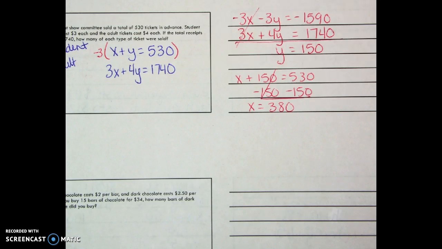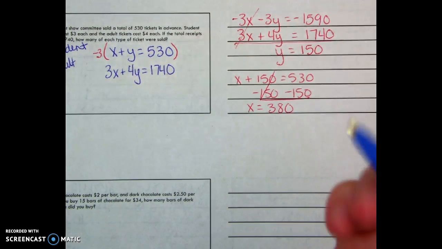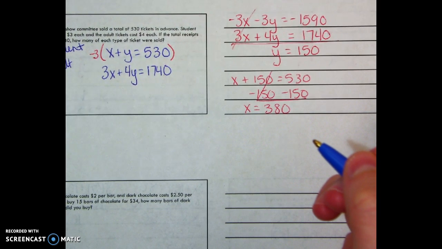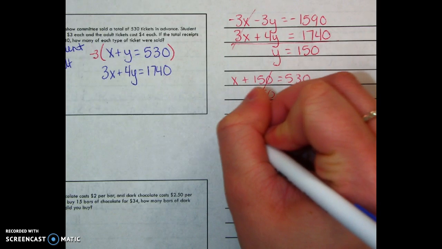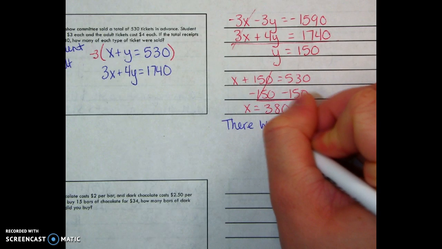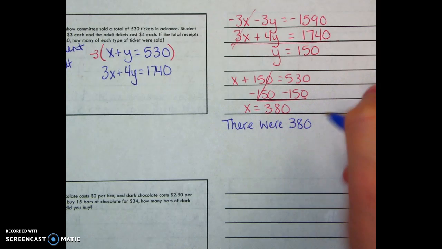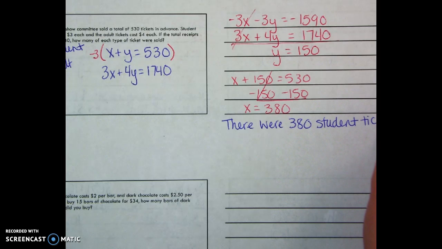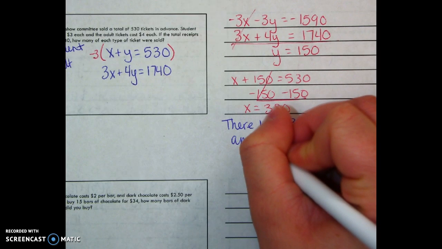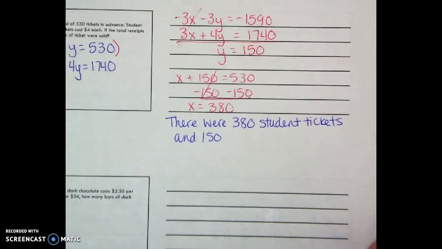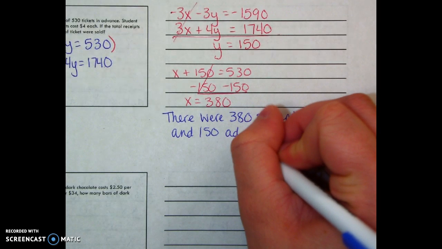Okay, so my sentence would be, there were 380 student tickets and 150 adult tickets sold.